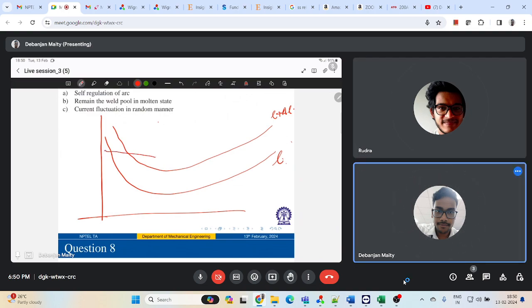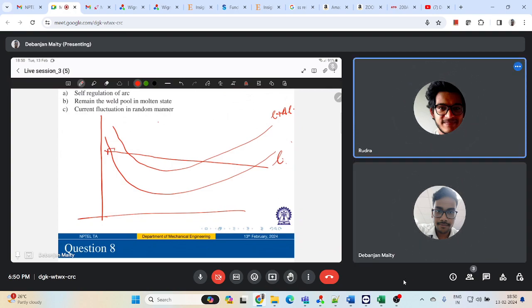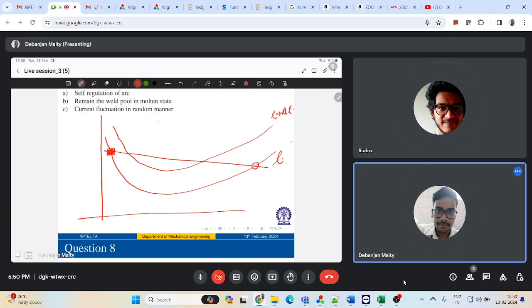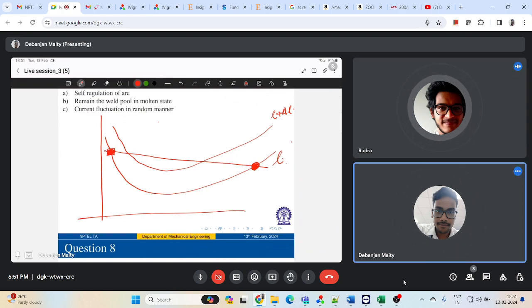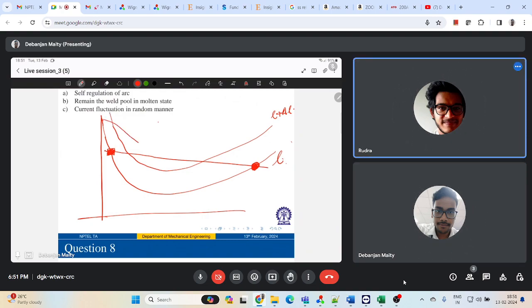Let's say this is a flat characteristic of the power source, where these intersection points, one as square and one as circle, are my two operating points. Another is having a drooping characteristic. Let's say this.